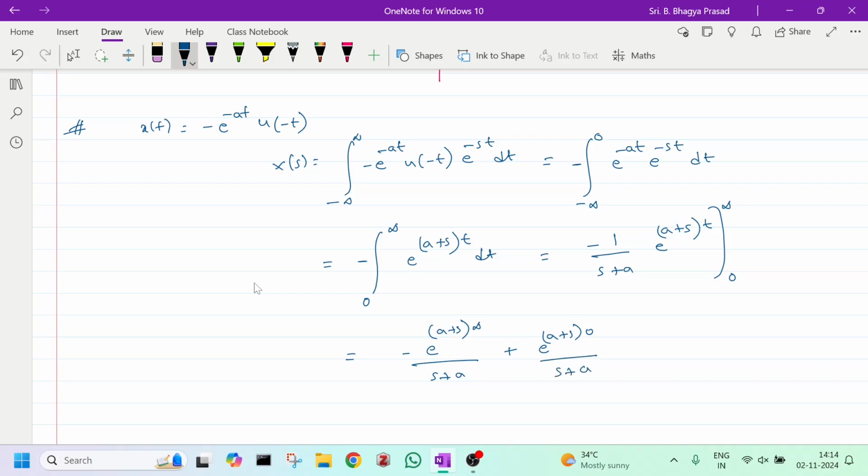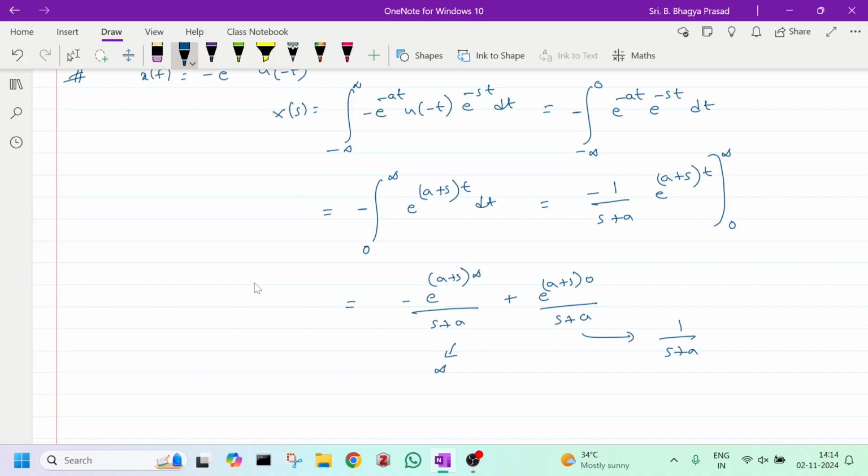So this will be infinity, and this will be 1 by s plus a. To get a valid expression, you have to choose a proper sigma value for the convergence of this X of s. So for the existence of this, we have to make sure that the real part of s plus a should be negative.